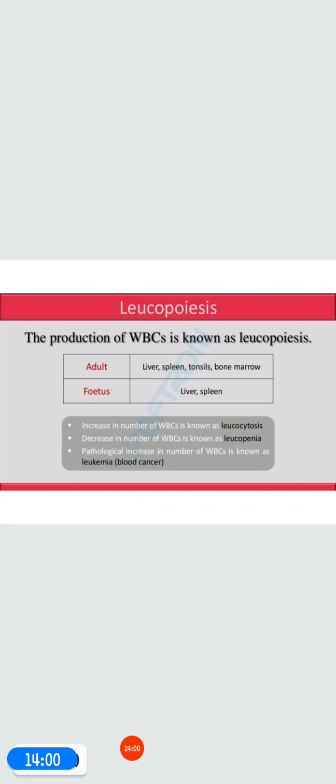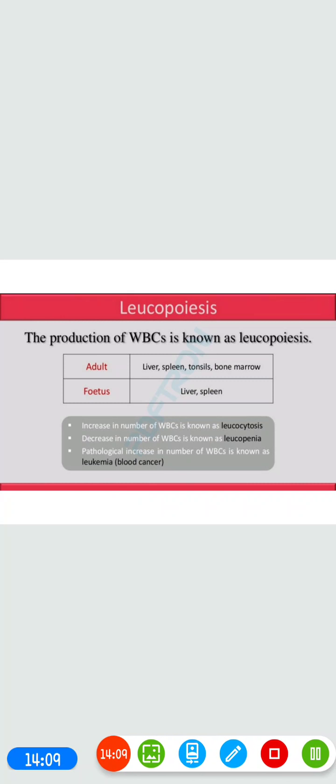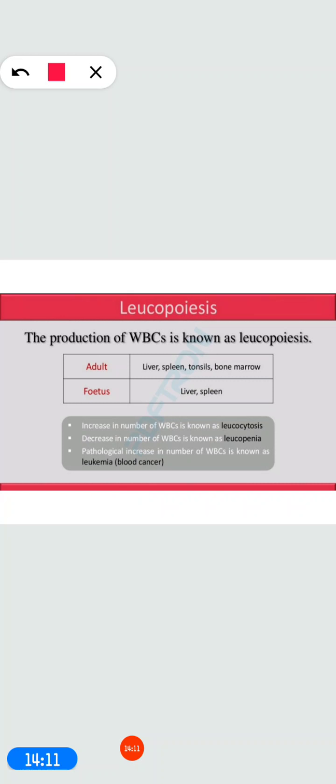Now I come to the production of WBC. WBC production is known as leukopoiesis, and in adults it is in the liver, spleen, tonsils, bone marrow, and in the fetus it is liver and spleen.